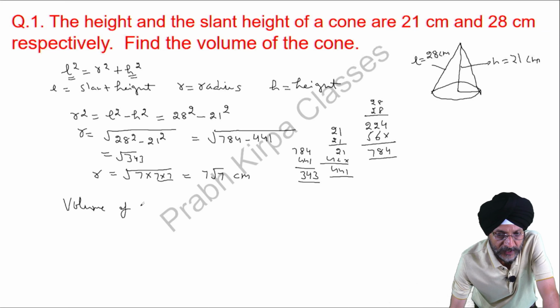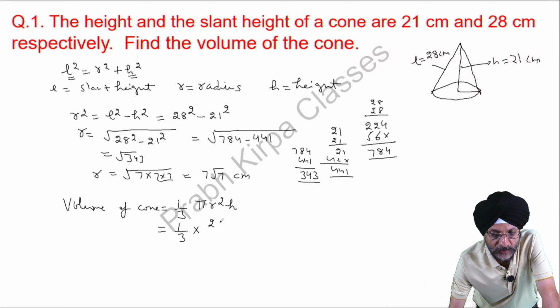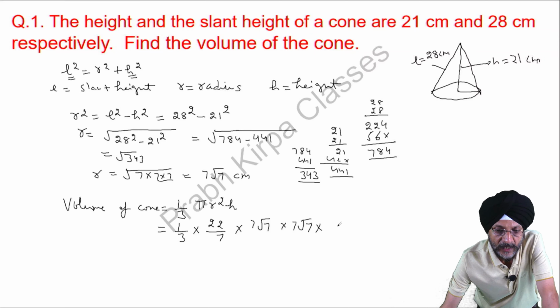Volume of cone is equal to 1 over 3 pi r square h. 1 over 3 pi means 22 over 7. What is the value of r? 7 under root 7, 7 under root 7, into height.